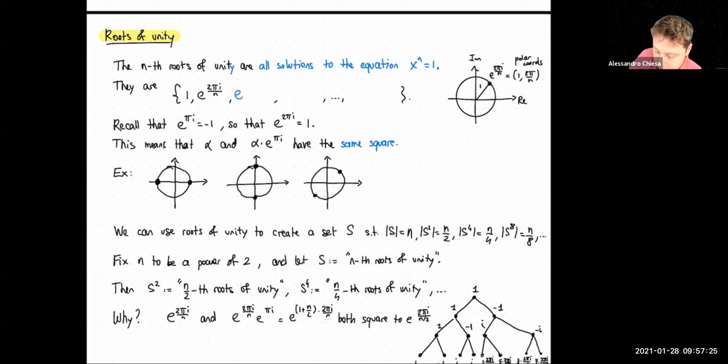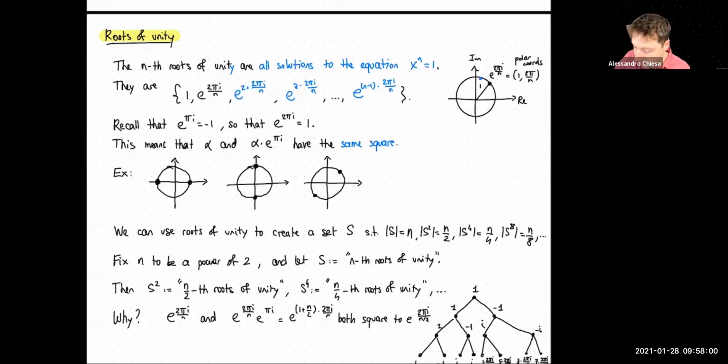They're just further multiples of this one: e to the 2 times 2 pi i over n, e to the 3 times 2 pi i over n, all the way up to n minus 1 times 2 pi i over n. Not n, because then you go full circle again. So you're moving by a slice of 2 pi over n radians each time.